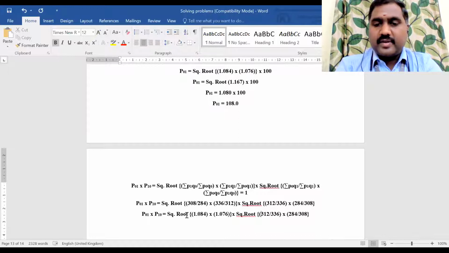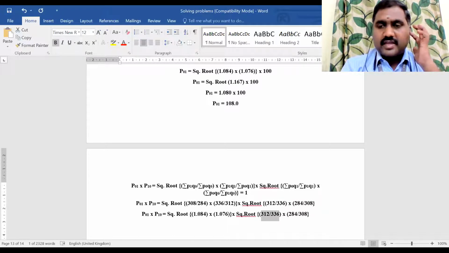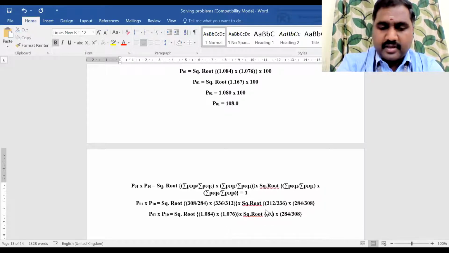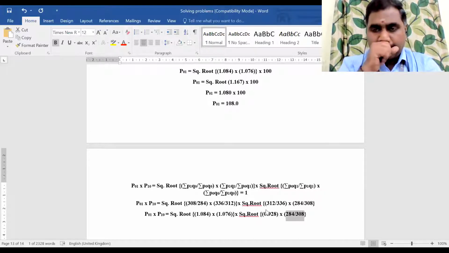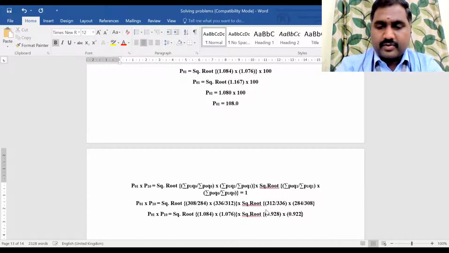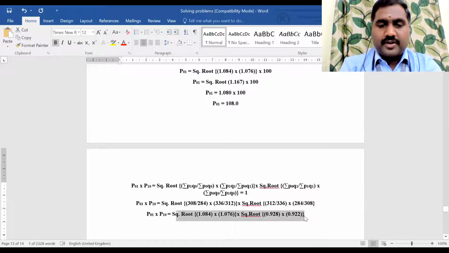Next, 312 by 336. 0.928. Okay, thank you. 284 divided by 308. 0.922. Okay, so we got these values right now. Now find the multiplication of all those combinations and tell me.